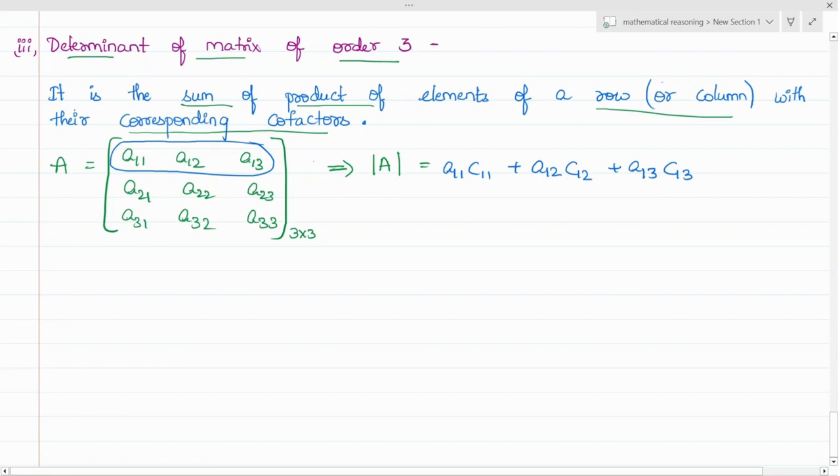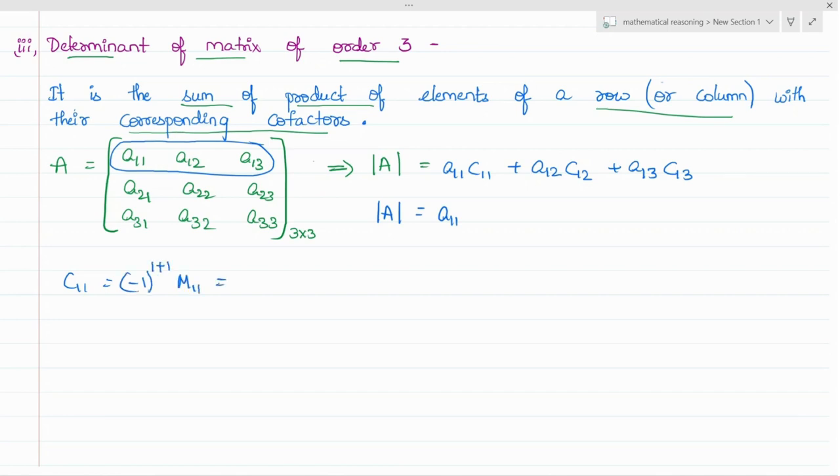And if you write in terms of minors, this can be written as determinant of A is equal to A11 C11. C11 is nothing but minus 1 whole power 1 plus 1 M11, which is nothing but minus 1 whole square, which is plus only, right? So it just remains plus of M11 plus A12 C12. C12 is minus 1 whole power 1 plus 2, that is 3.